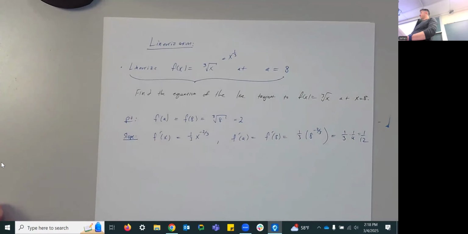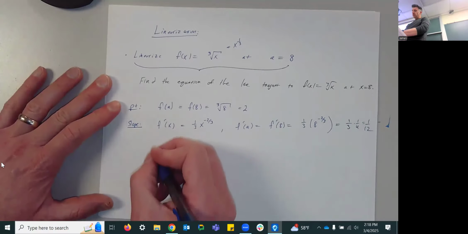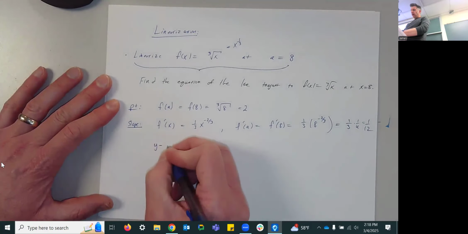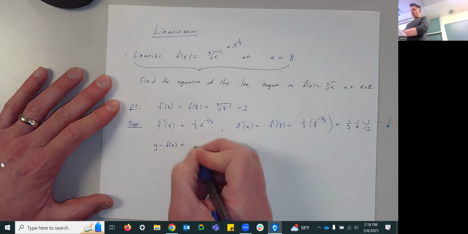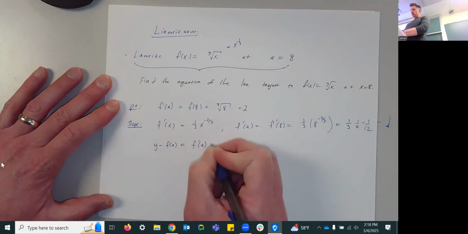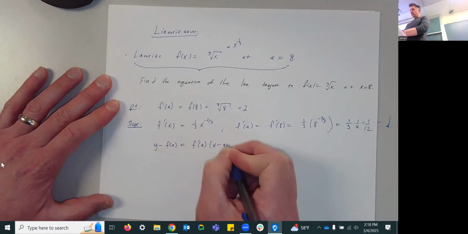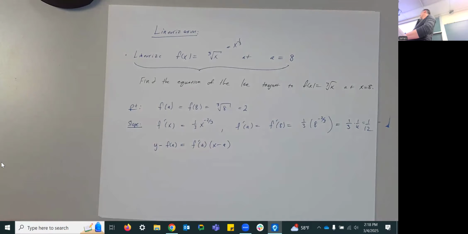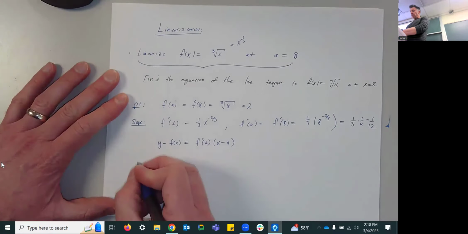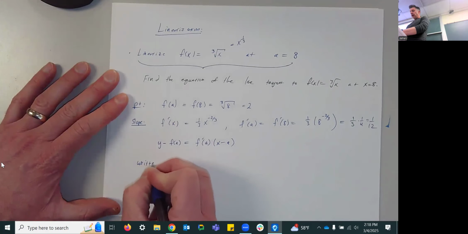So then the equation of my tangent line is going to be y minus the y value equal to your slope times x minus the x value. However, we almost always rewrite it as the following. First of all, we isolate y.